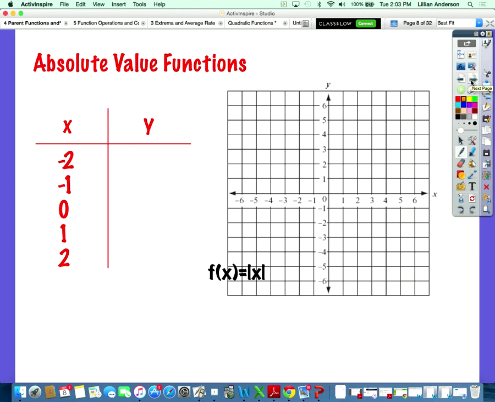Last one that we'll do for today is the absolute value function. You guys can go ahead and fill in this chart and graph it. When I plug in -2, what do I get? 2. -1, 1. 0, 0. 1, 1. 2, 2.